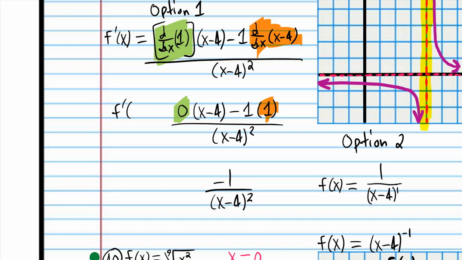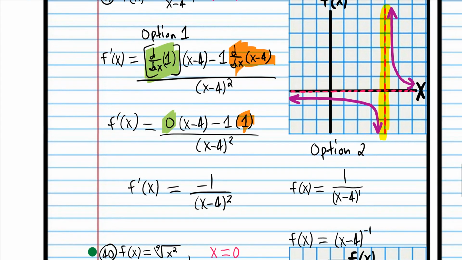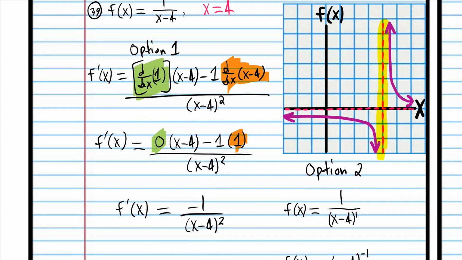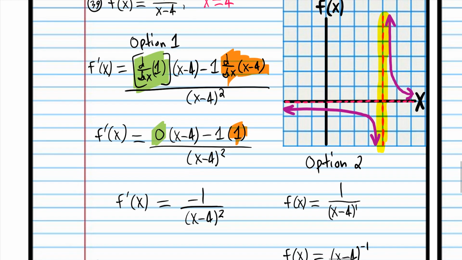So using this expression that we found using the differentiation formulas, we can demonstrate algebraically why the function is not differentiable. Remember, differentiability is the ability to find a value for the derivative at some x value.